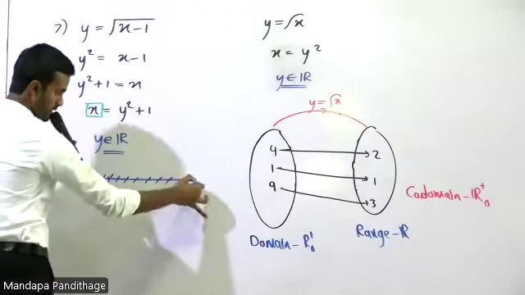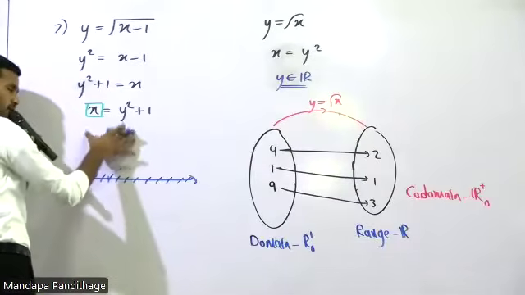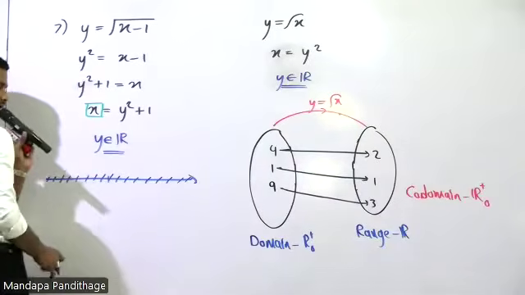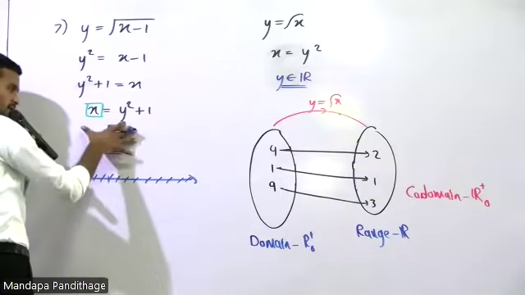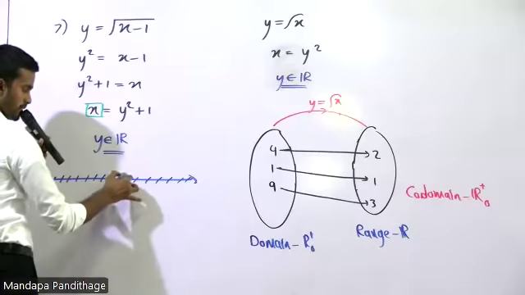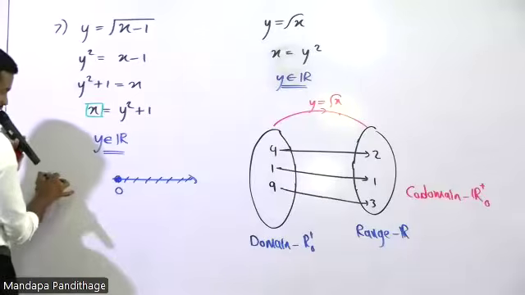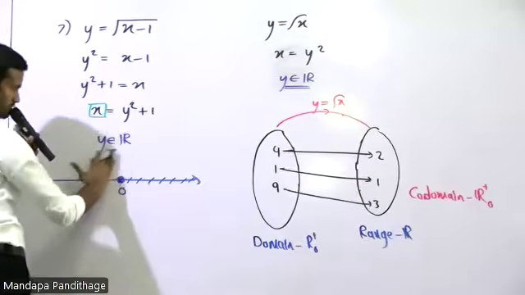Whatever the set you get, you have to only consider the positive part of this range. So here, the positive part is this part. I'm only considering that part and I won't be considering this negative side.